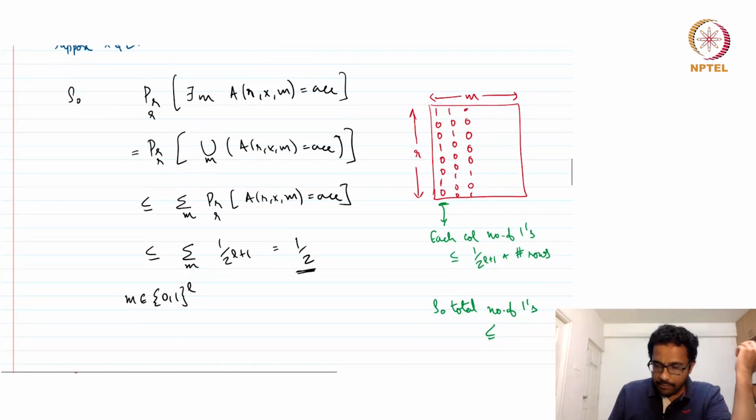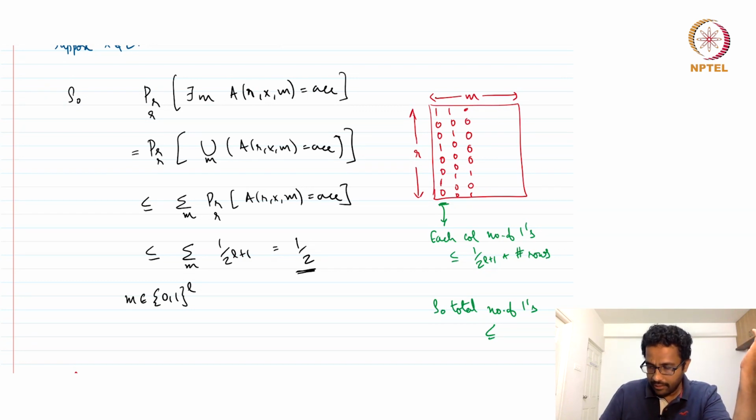So what is the total number of ones in the matrix? Each column has this many ones, so the total number of ones is at most 1 by 2 power L plus 1 into the number of rows multiplied by the number of columns.